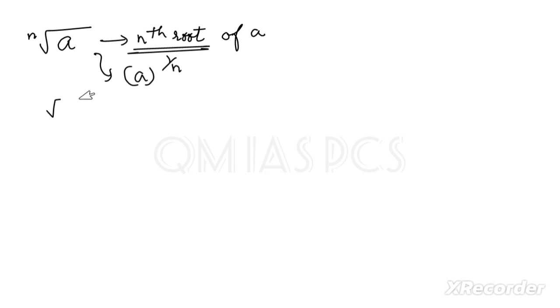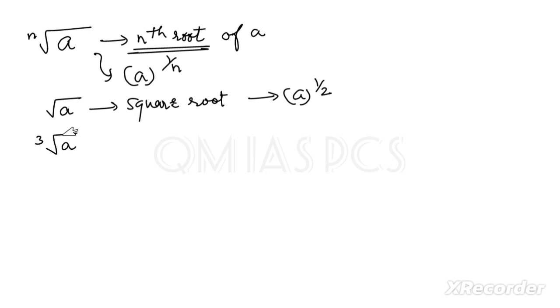When nothing is given, it is called the square root, which means a to the power 1 by 2. For other roots, like cube root, it is written with 3, so it will be a to the power 1 by 3, and the fourth root will be a to the power 1 by 4.